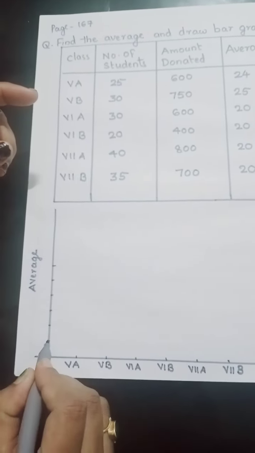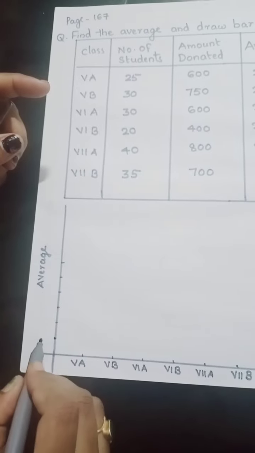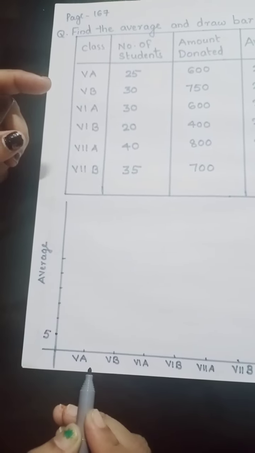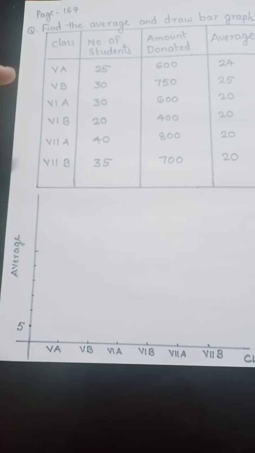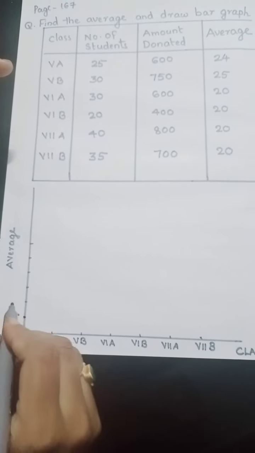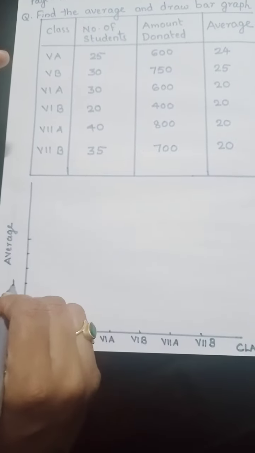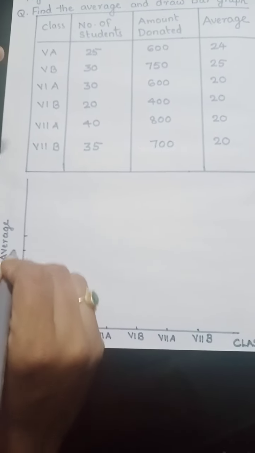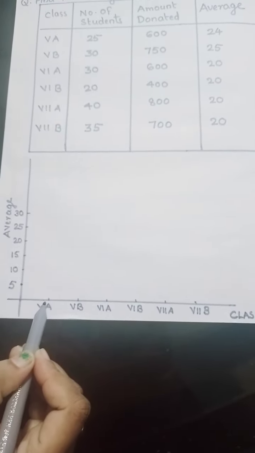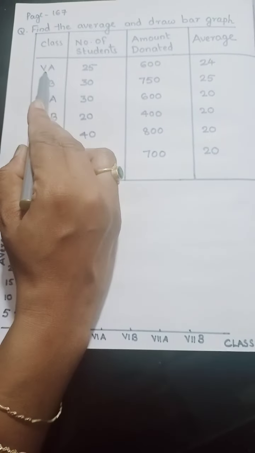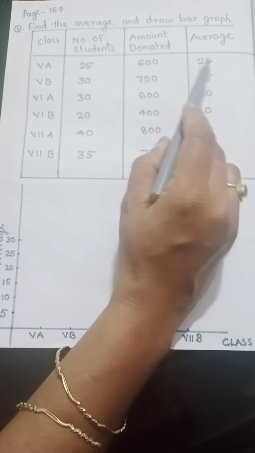Now let us plot the average on the y-axis. The scale is 5 each: 5, 10, 15, 20, 25. The maximum value is 25, so you can plot 25 or one more, 30. Then how will you draw the graph? For 5A students, the average amount donated is 24.